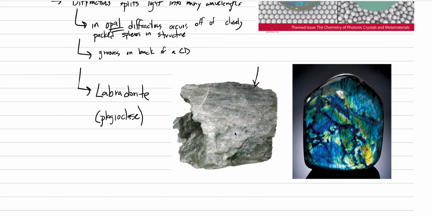It's just a dull gray. But if you move it just slightly, you'll get a beautiful play of color in the same exact specimen. And that's because there are little grooves. Well, they're not grooves. They're twin planes. There are little twin planes inside the crystal that incoming light will bounce off of and diffract, creating a play of color.